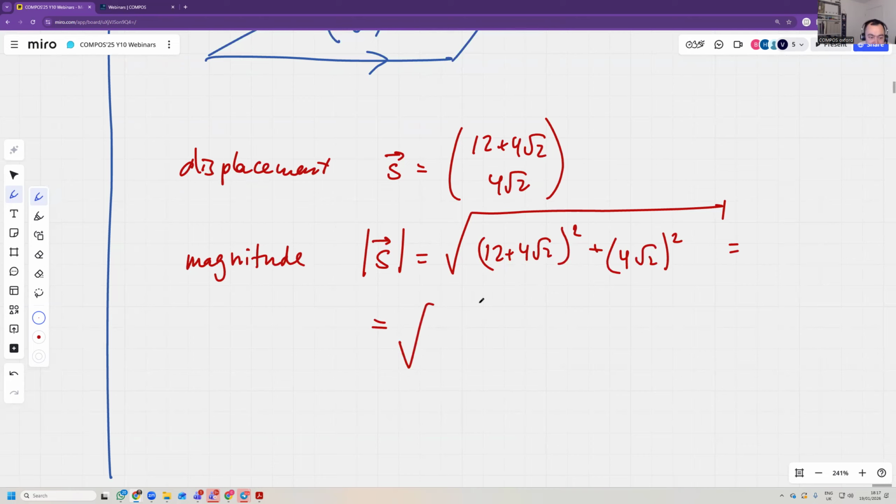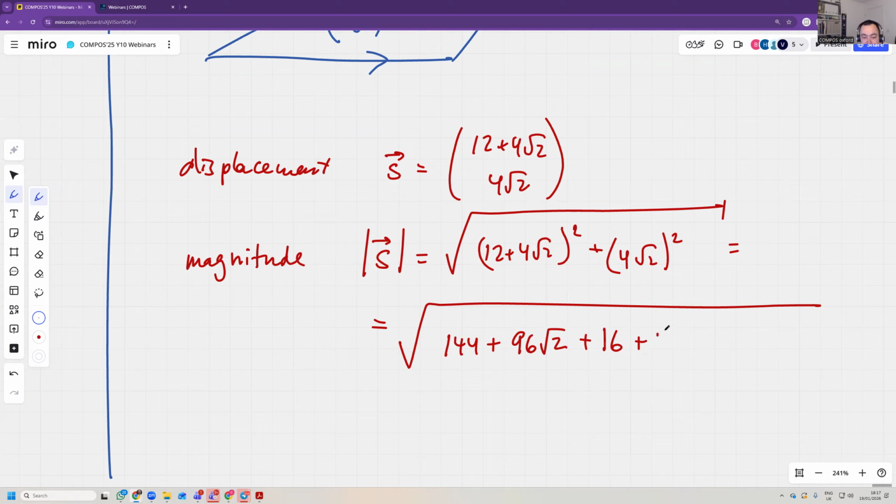And if you open the brackets, so this is 12, so it's 144 plus, so 12 times 4 is 48 times 2, 96 root 2 plus 8 times 2, 16 plus 16 times 2, 32.